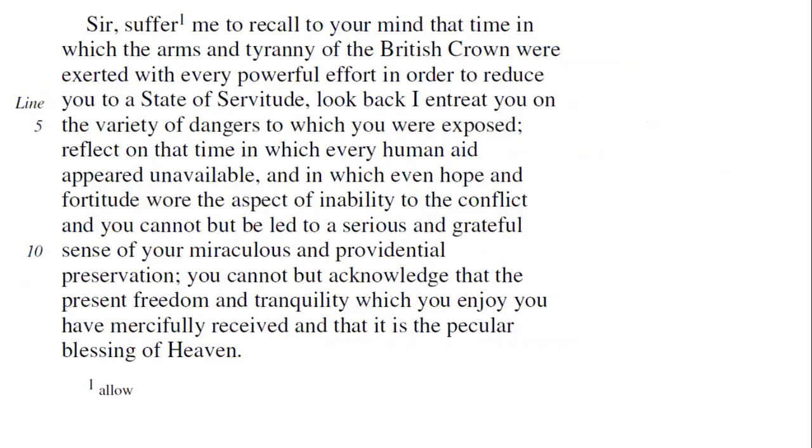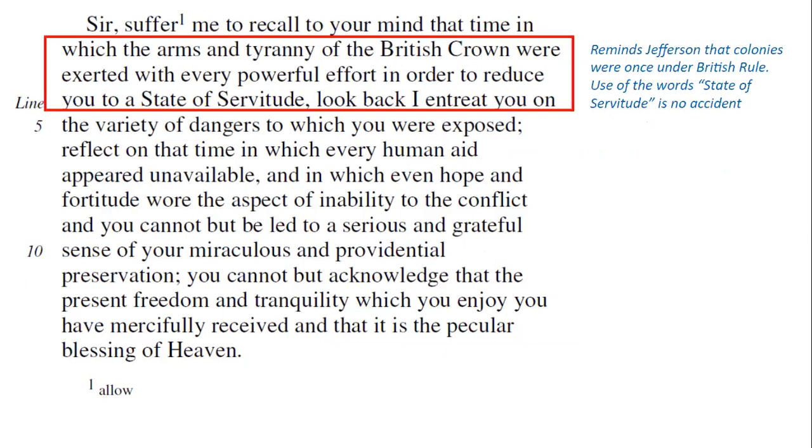Okay, let's take a look at the first paragraph here. And what I want you to do is, if I have something that's marked on mine that you don't have marked on yours, I'd like you to please use your blue pen to mark it. Okay, the first thing that I noticed, lines 2 through 4, the arms and tyranny of the British crown were exerted with every powerful effort in order to reduce you to a state of servitude.